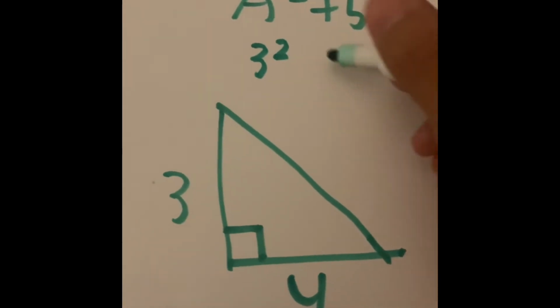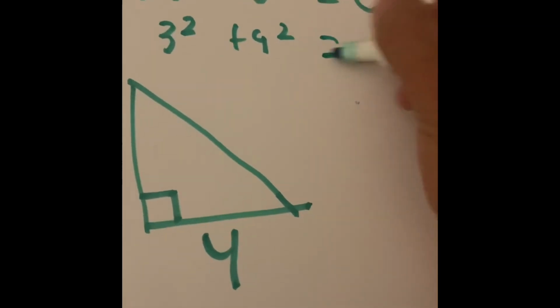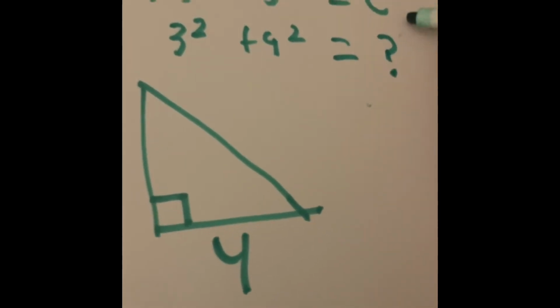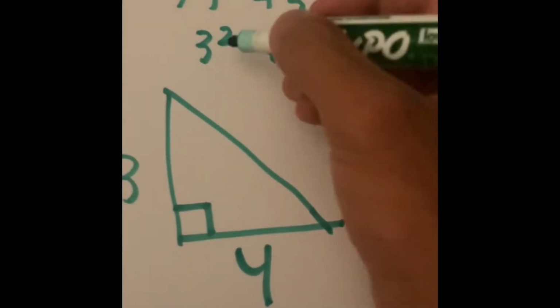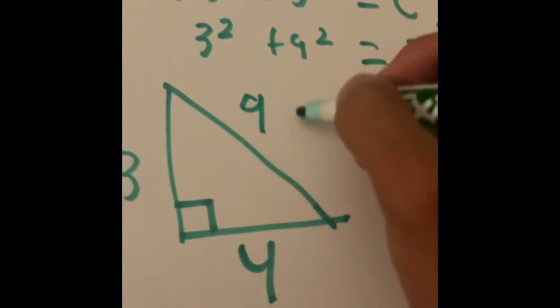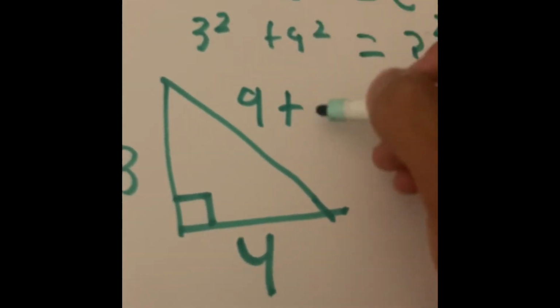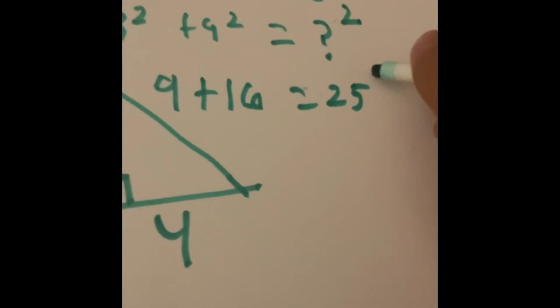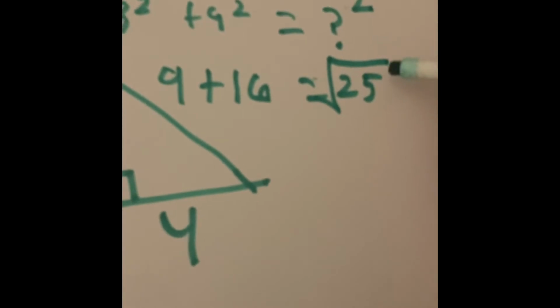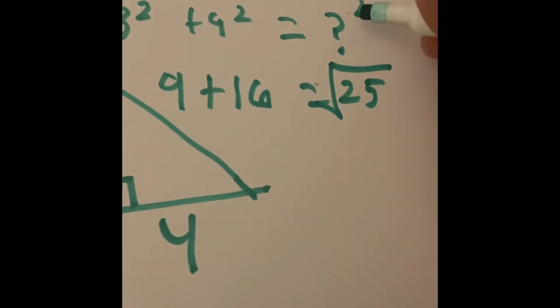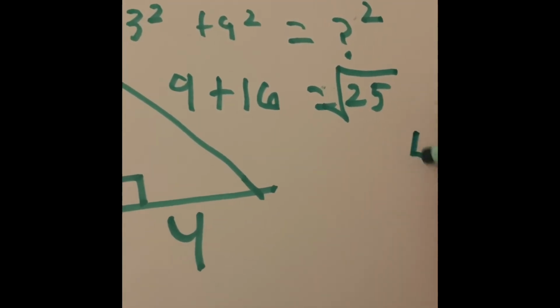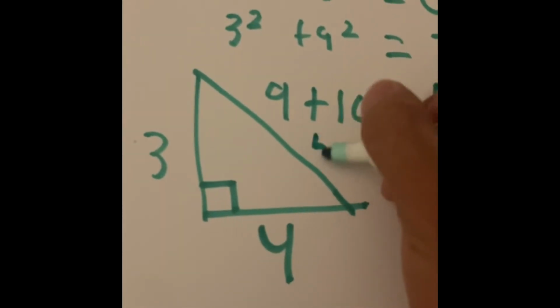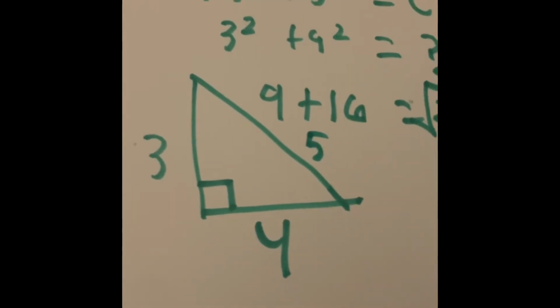So 3 squared plus 4 squared equals whatever squared. 3 times 3 is 9, plus 4 times 4 is 16, which equals 25. Taking the square root of 25, because we're trying to find what the question mark is, we get 5. Therefore, 5 is the length of the hypotenuse.